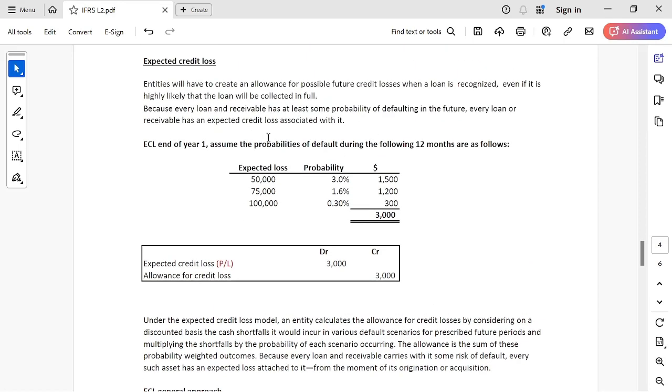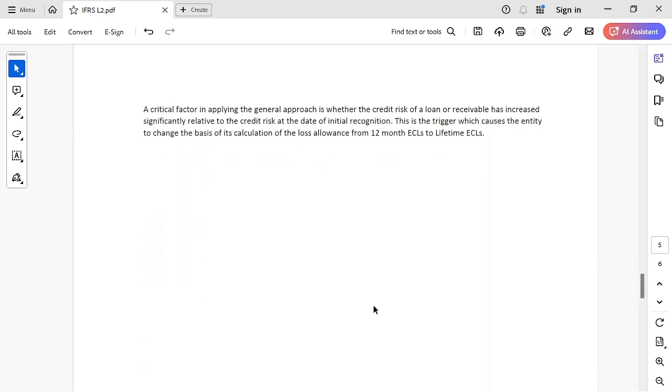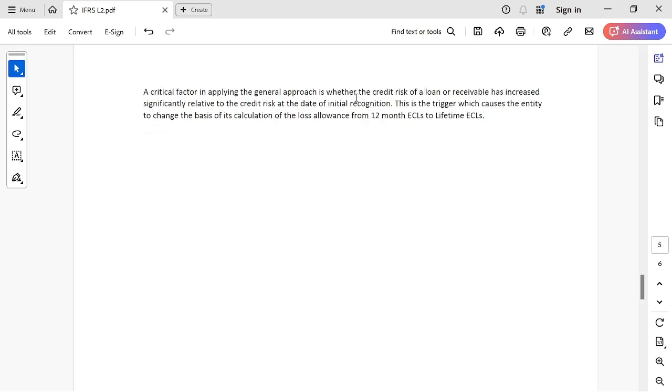So in this example, we see that we have calculated this based on the following 12 months, and this is what we call the general approach of the expected credit loss. So let's see when we can use this general approach and look at the next 12 months only. The critical factor here is whether the credit risk of the loan has significantly increased or not. If it's not significantly increased, we do this anticipation for the next 12 months only.